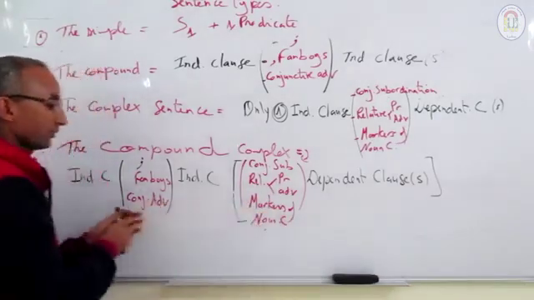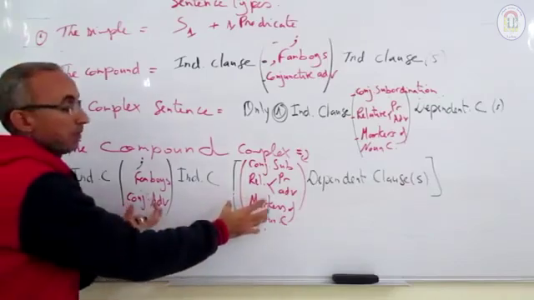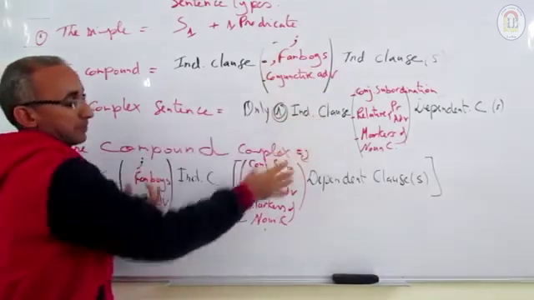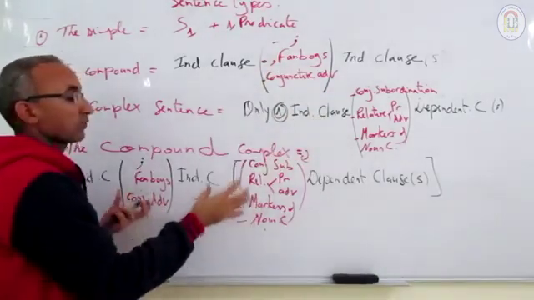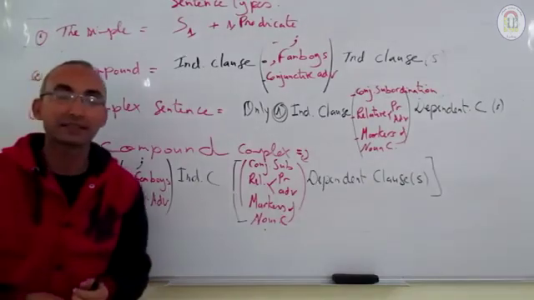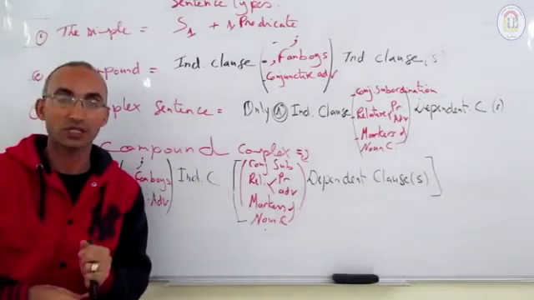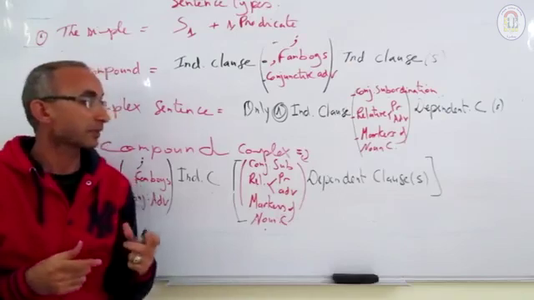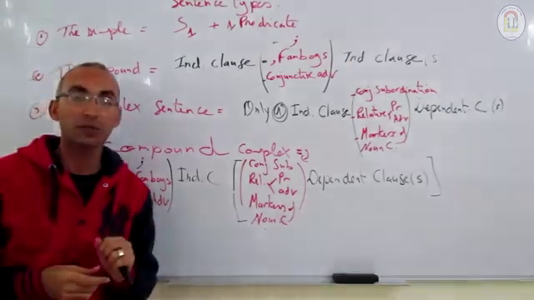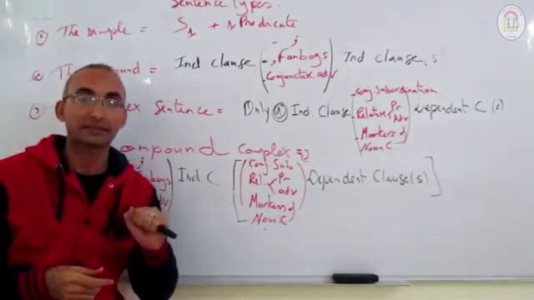As you see here, we have used both markers of the two previous types in the same sentence. When we find them, be sure it is a compound complex sentence. Thanks so much. I hope that you have grasped the different types of sentences, but what is left is intensive practice. See you.